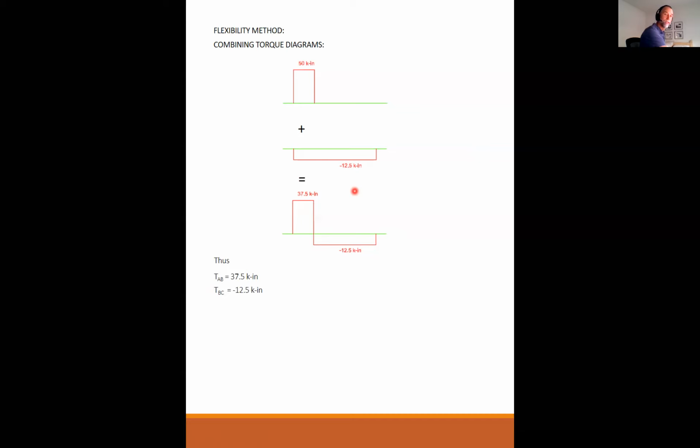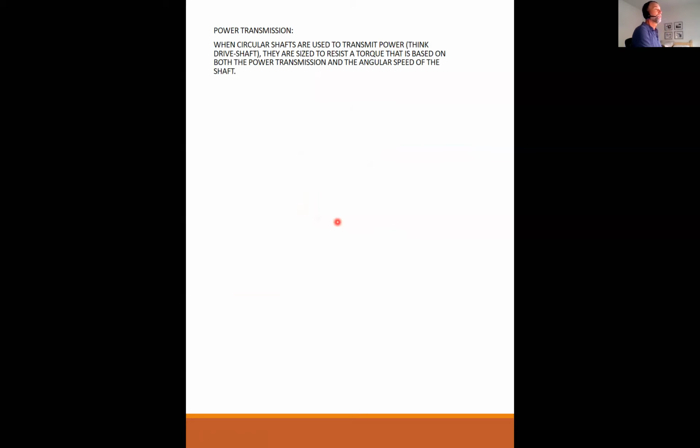I think this is going to be so much shorter because the last topic that I have is power transmission. And I think I gave or will give one homework problem on power transmission. So here's the deal with power transmission. When you use a circular shaft to transmit power, like a drive shaft on your car, they are sized to resist a torque that is based on both the power and the angular speed of the shaft.